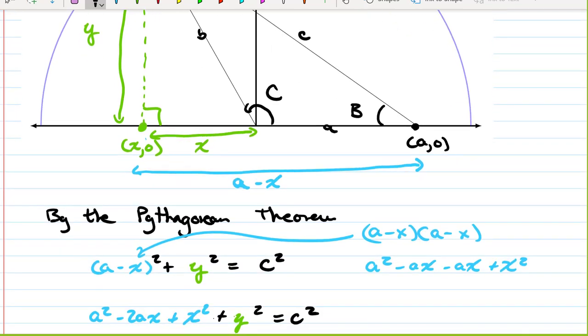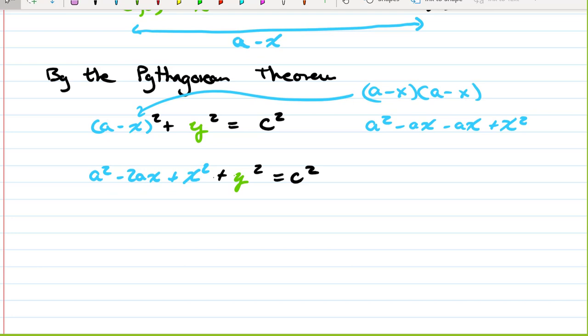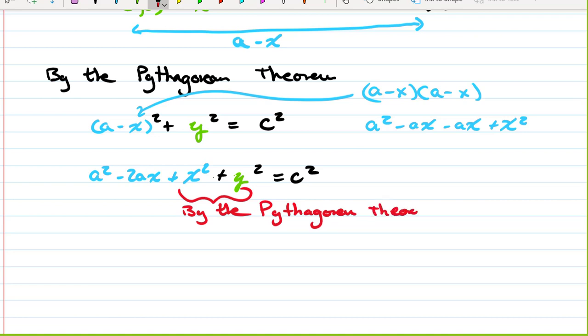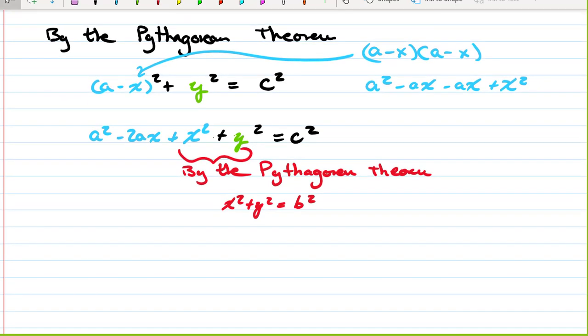So by the Pythagorean theorem again, x squared plus y squared equals b squared.